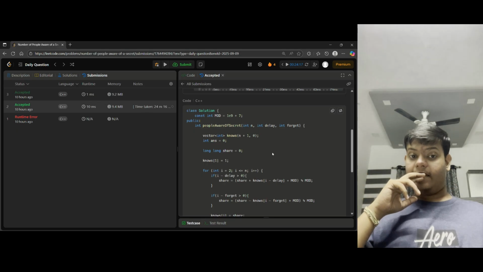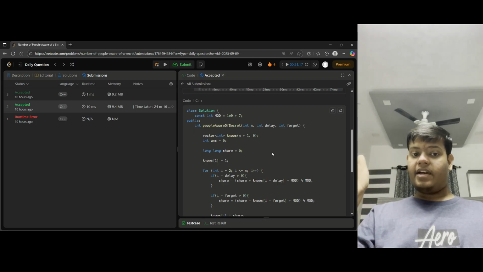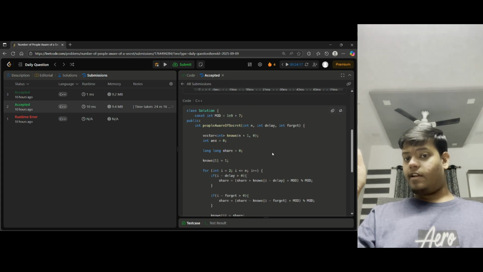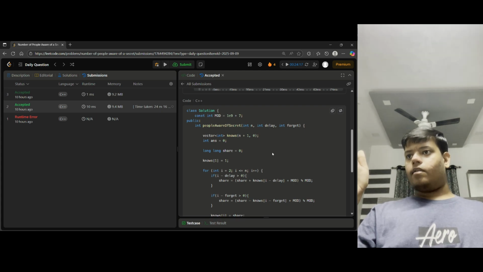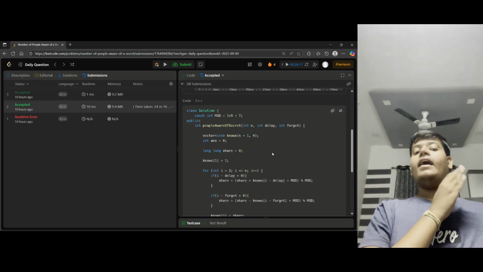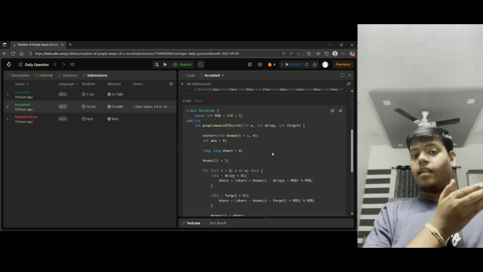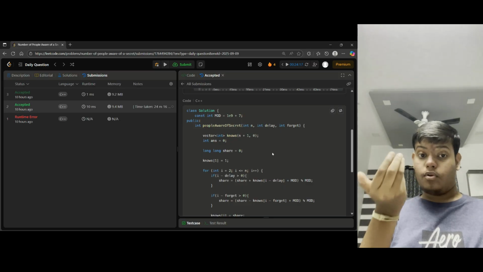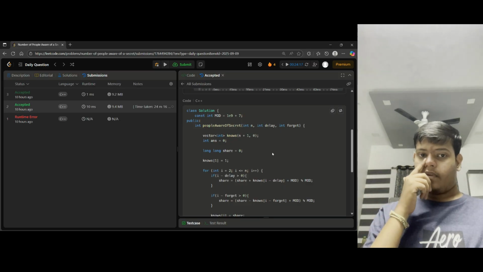We check if i minus delay is greater than 0 at a particular day. If yes, we can infer that some people who know the secret at day i minus delay will contribute to this particular index.